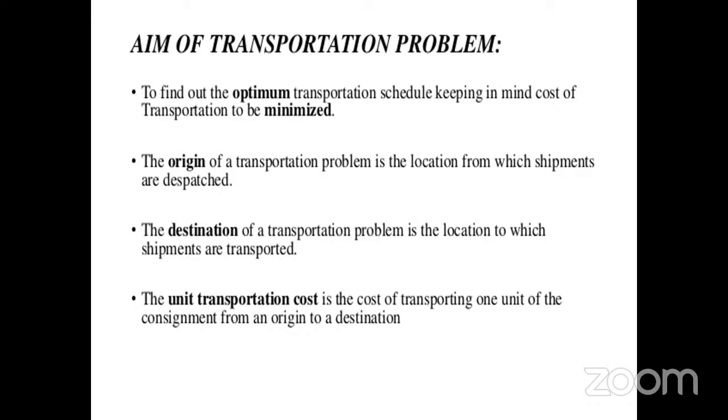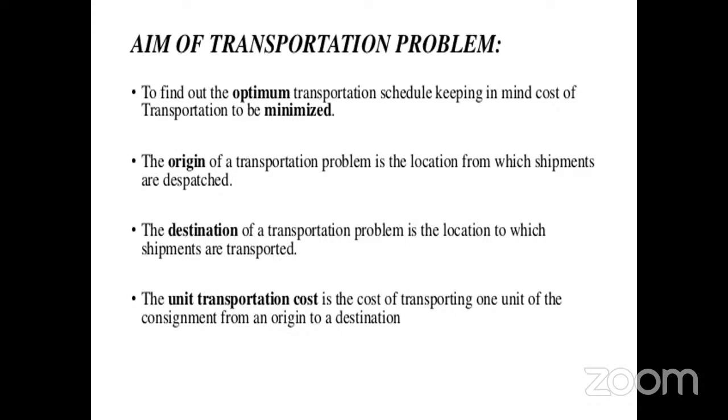The origin of a transportation problem is the location from which shipments are dispatched. There only the transportation problem starts. The destination of a transportation problem is the location to which shipments are transported. And the unit transportation cost is the cost of transporting one unit of consignment from an origin to a destination.